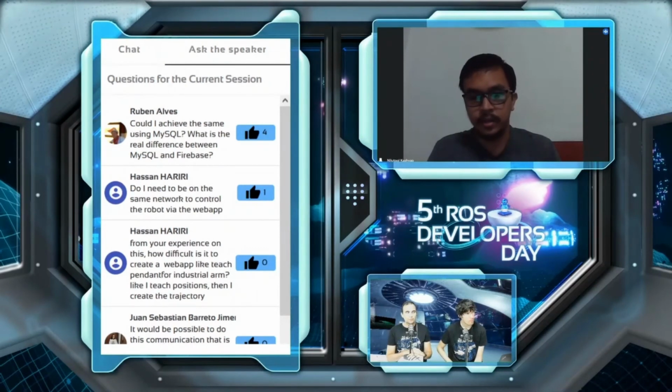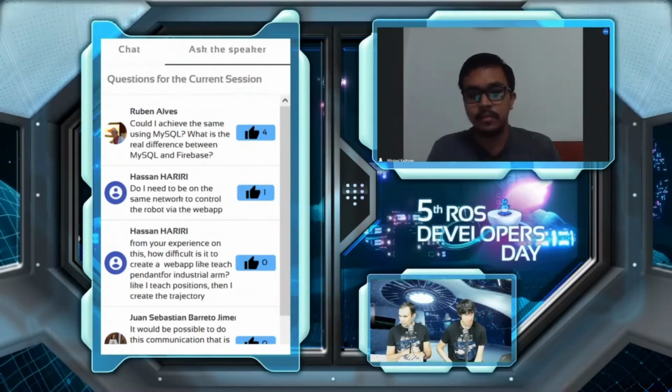Another part is the internet control code, which is responsible for reading from the database. So one part is updating the database, another part is reading it. Once the data is read from the database, it will publish the topics based on the commands which are sent.